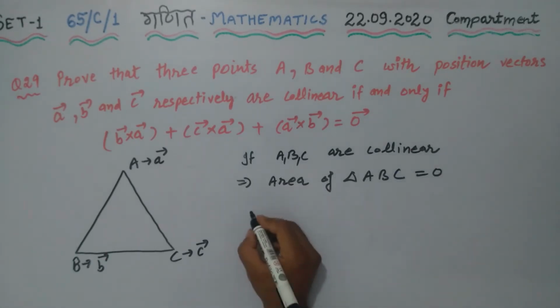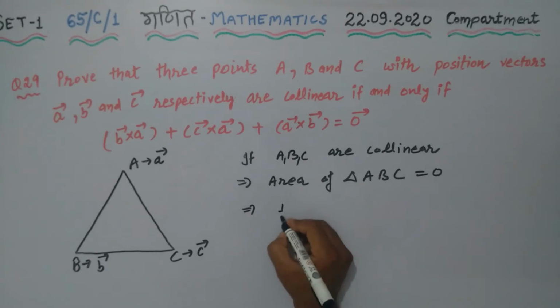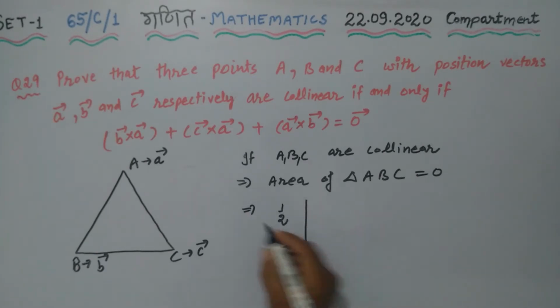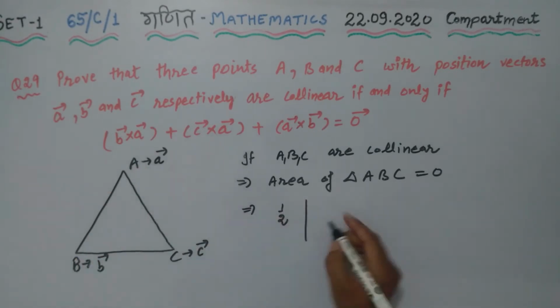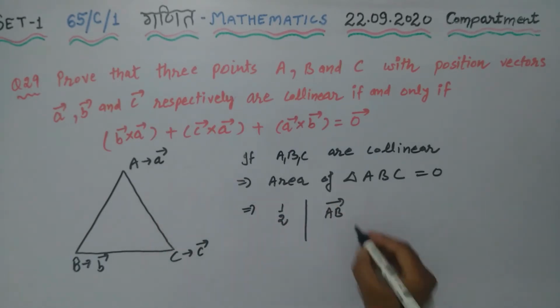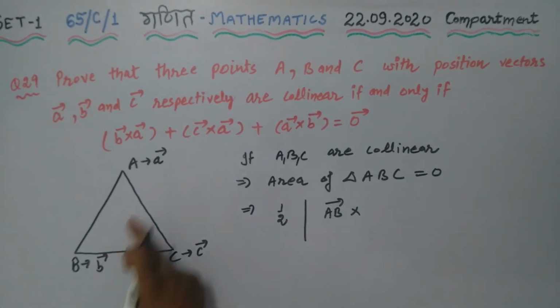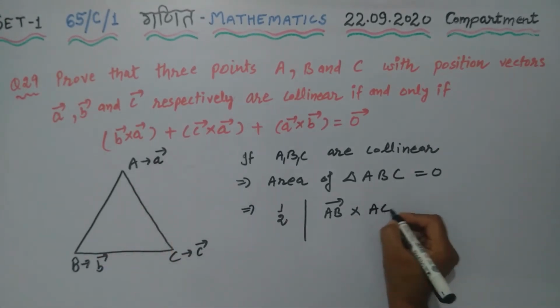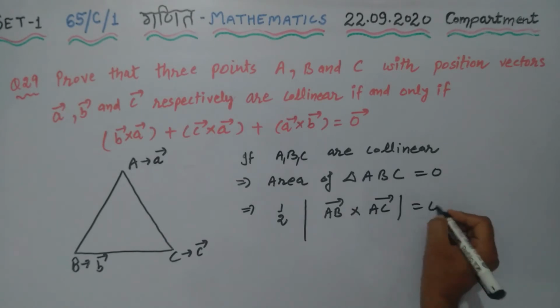This means 1 by 2 into AB cross AC is equal to 0.